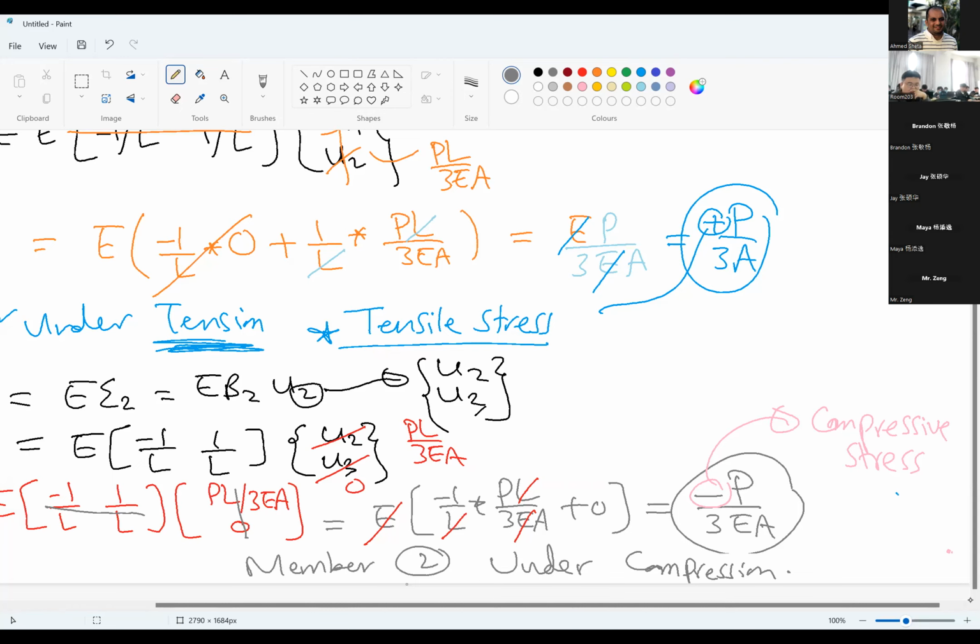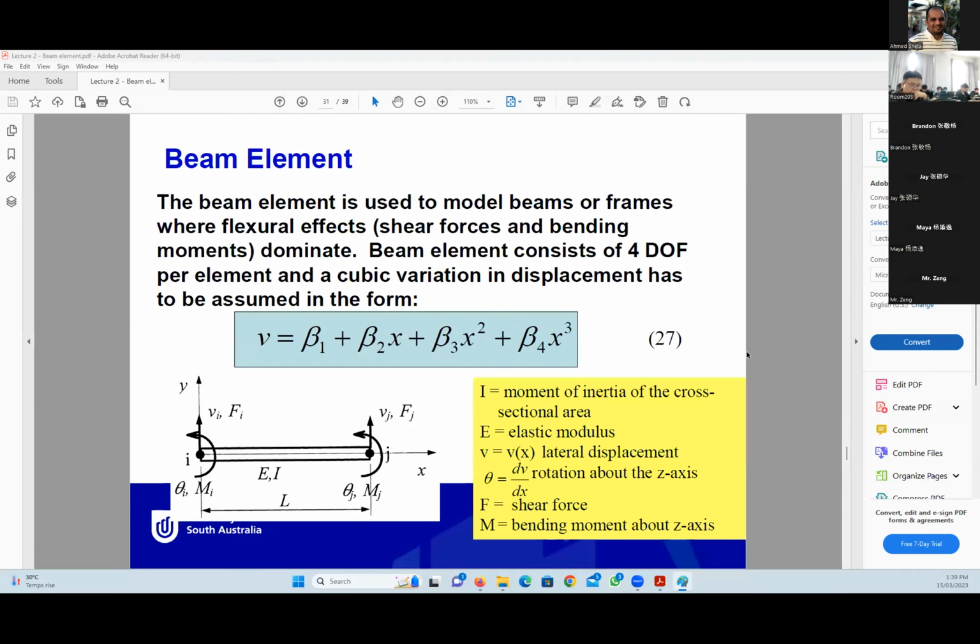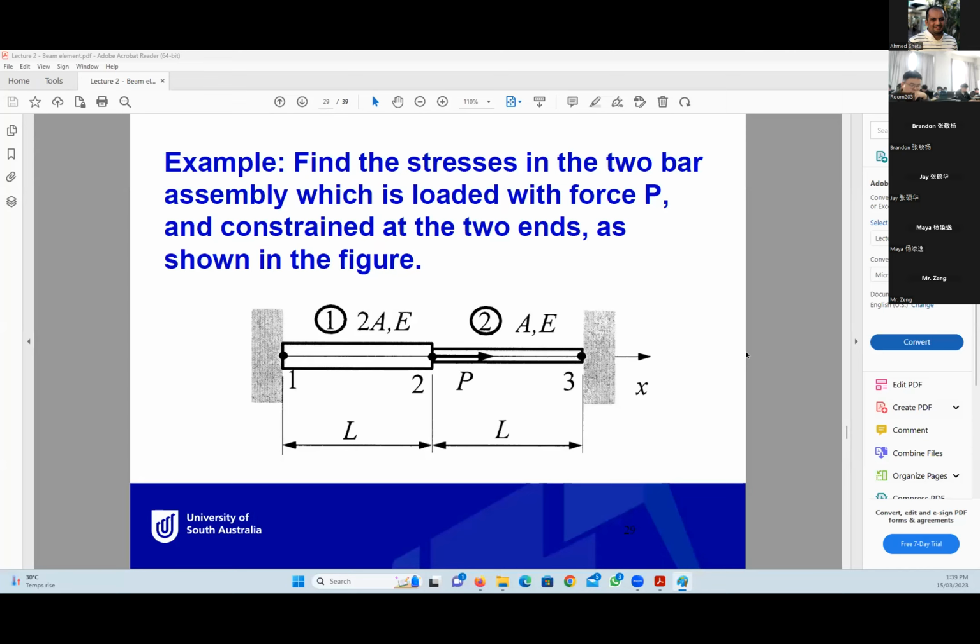If we return back to the slides, to the example, what you can note is that point 2 has a force B. From our first look, we see that member 1 is under tension because B is pulling member 1.